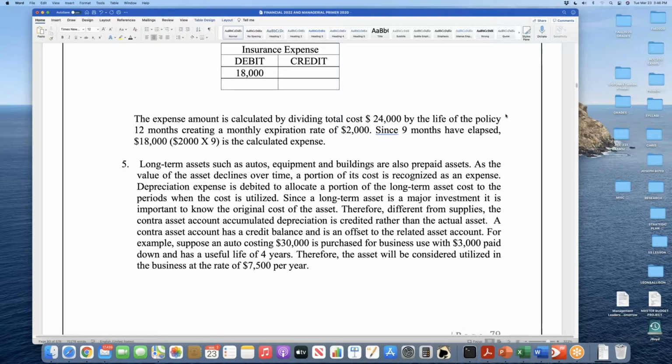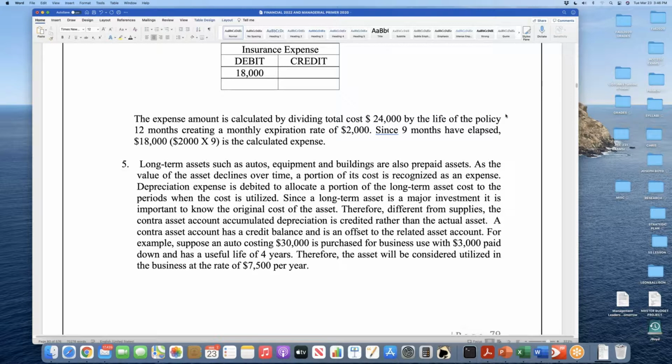So when you have auto, equipment and building, you buy them. Remember we were saying debit equipment, debit auto, credit cash, credit notes payable. But when that item goes down in value, you've got to show the expense.